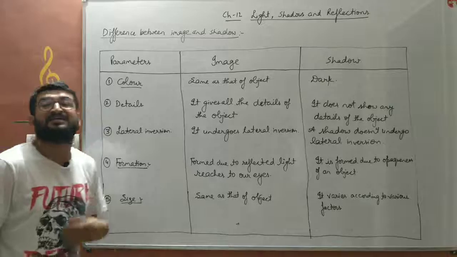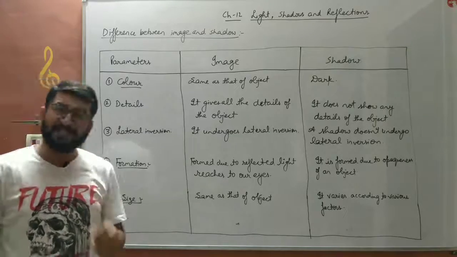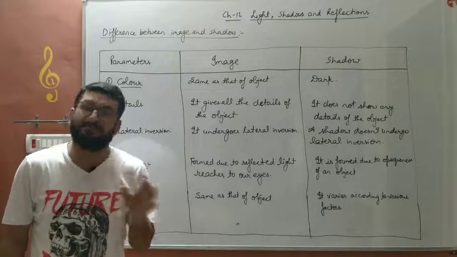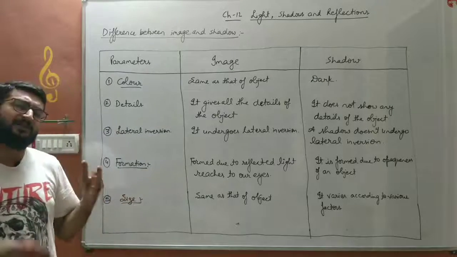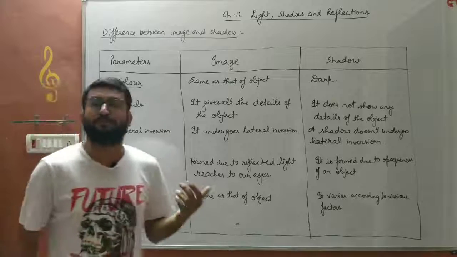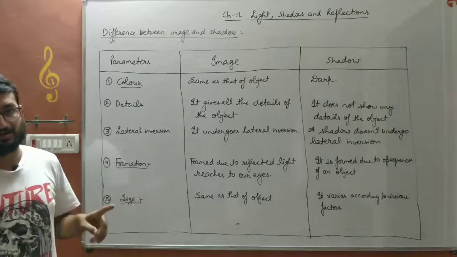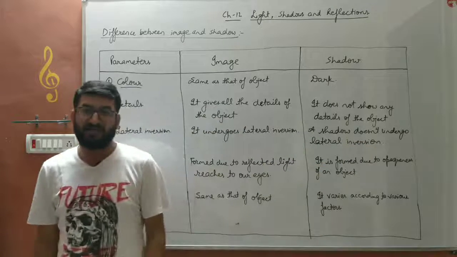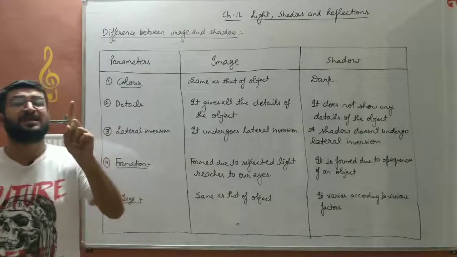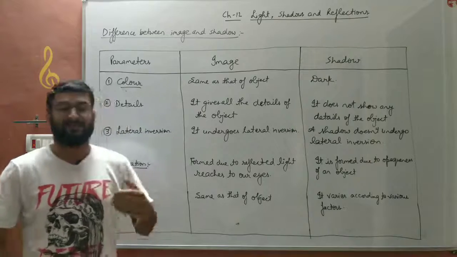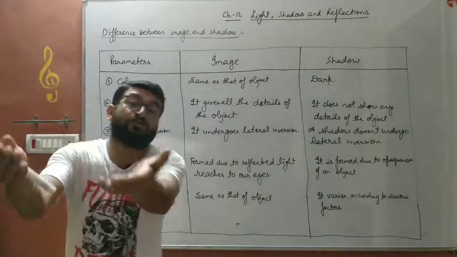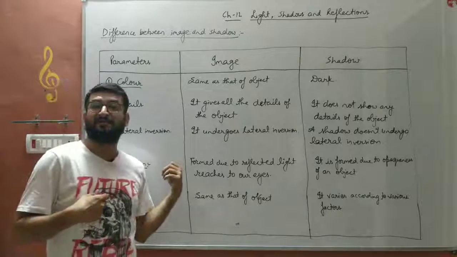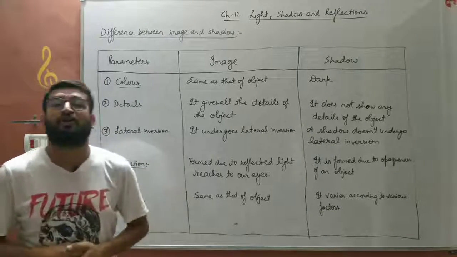The next is size. The size of the image is always equal to the size of the object in the case of a plane mirror, whereas the size of the shadow varies, and it depends on various factors: the distance between the object and the source of light, the distance between the object and the screen, and the position of the object.